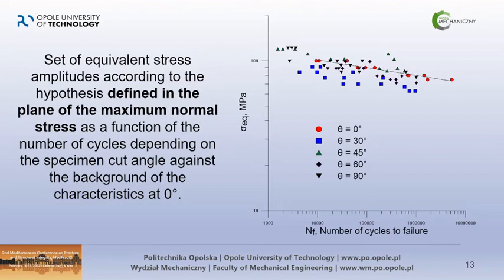In this case, you can see that the 45 degree cut specimen gave great results. However, we had a problem with theta equal to 30 degrees. In this case, the results were a little bit too low, so it also wasn't so perfect.